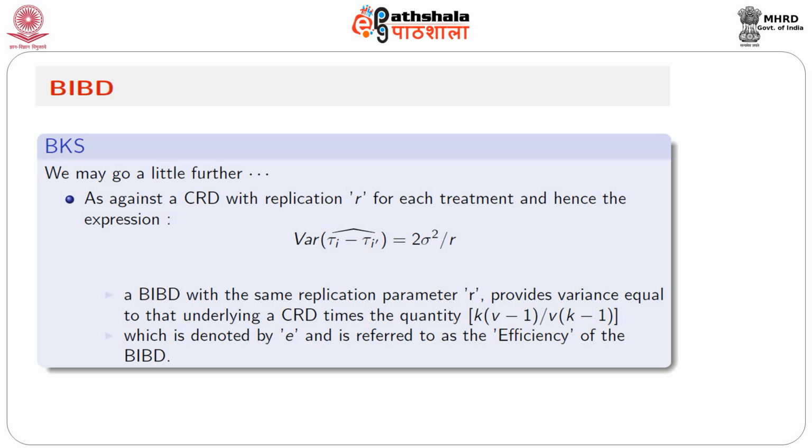Therefore, in a BIBD, the expression for the variance is this quantity 2 sigma square by r multiplied by the constant factor k into v minus 1 over v into k minus 1. This constant factor is denoted by the letter E, and it is referred to as the efficiency of the BIBD.